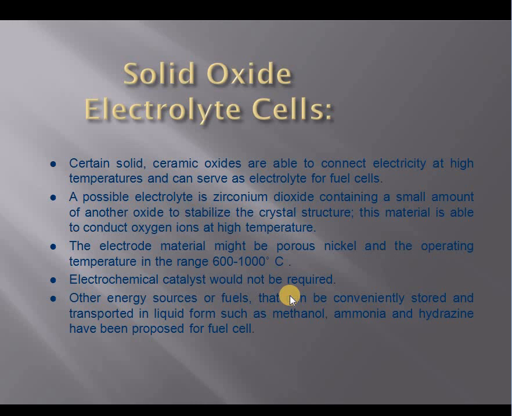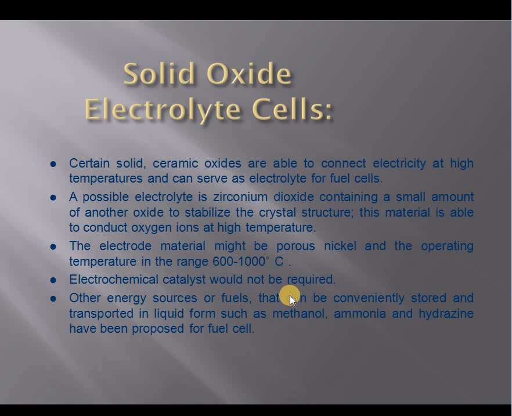In solid oxide electrolyte, the electrolyte we are using is zirconium dioxide, which also contains a small amount of another oxide that stabilizes the crystal structure, and the material is able to conduct oxygen ions at high temperatures. The electrode materials are porous nickel materials operating at a temperature range of 600 degrees Celsius to 1000 degrees Celsius, and an electrochemical catalyst is not required here.